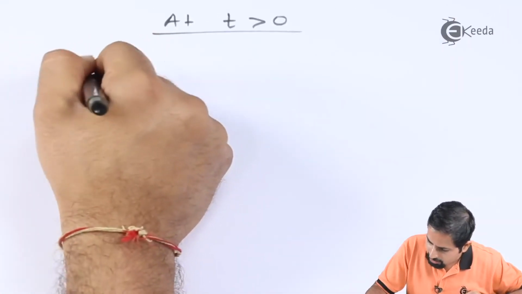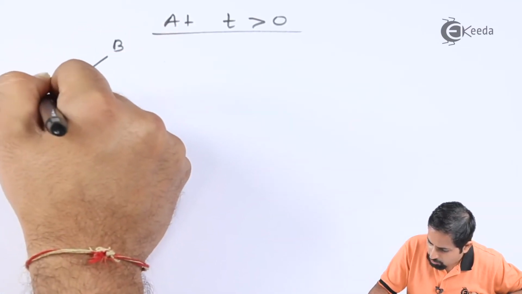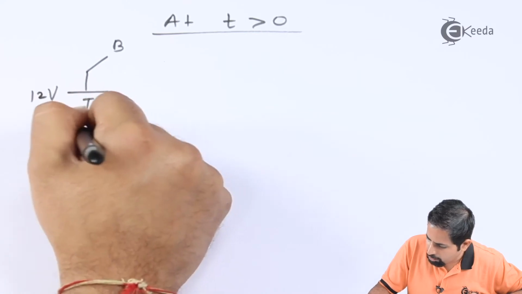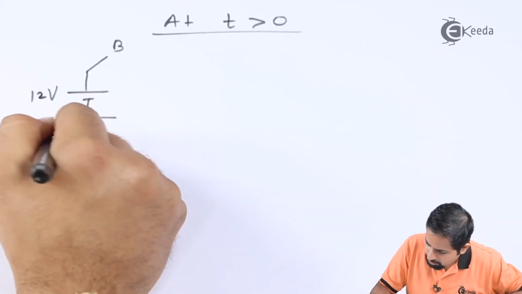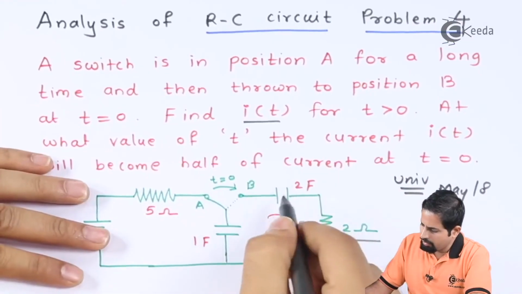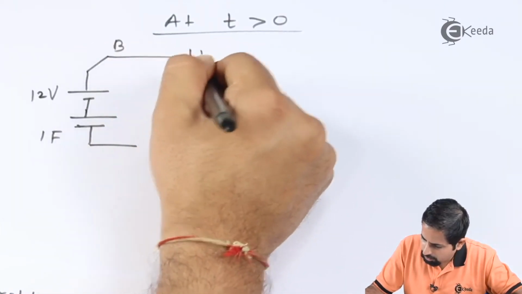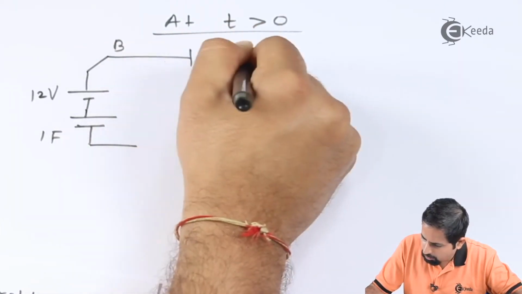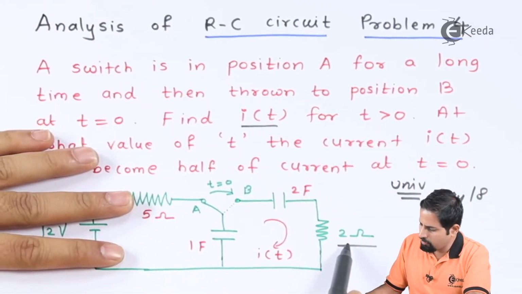This is switch B, a voltage source whose value is 12 volts, then a capacitor whose value is 1 farad, then this 2 farad capacitor also will be in the picture, and the resistor whose value is 2 ohms.